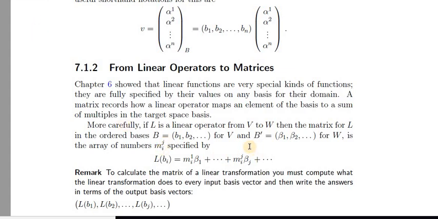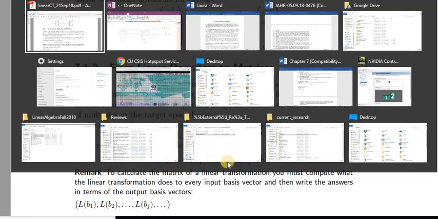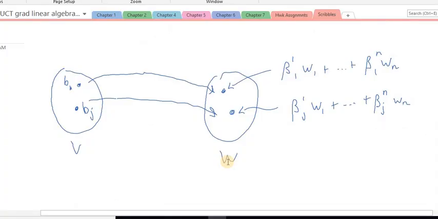We can express this equation pictorially this way. All right, here's our domain V, here's our codomain W. And here I have two different basis vectors, B1 and Bj. B1 goes over here in W according to the linear transformation L. Right? L is represented by these arrows. L of B1 is this linear combination. L of Bj is this linear combination.